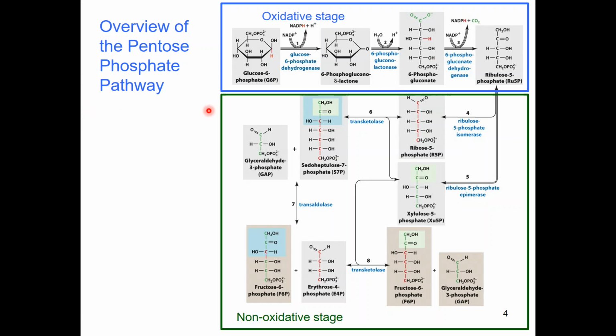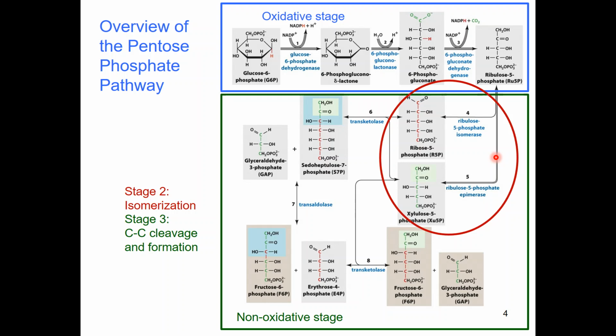And the remaining 5 steps will not involve oxidation-reduction reactions. They belong to the non-oxidative stage of the process. We can further subdivide this non-oxidative stage of the pathway into 2 sub-stages, so to call. We can distinguish step number 4 and step number 5, because here is where we have isomerization reactions happening.